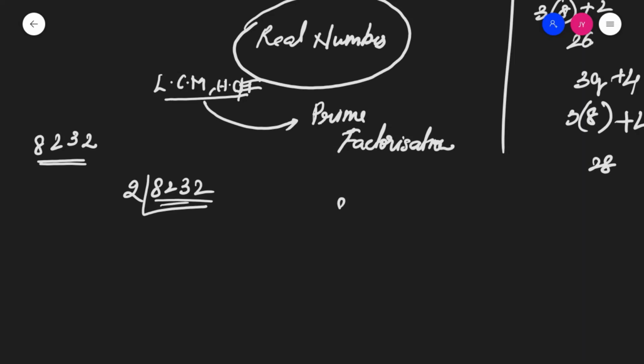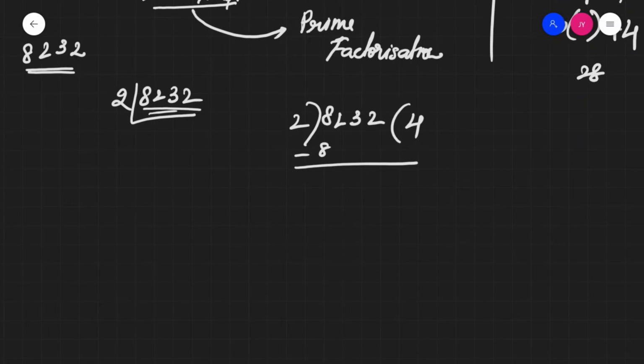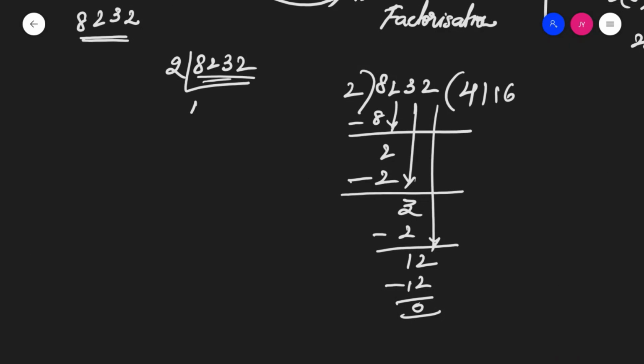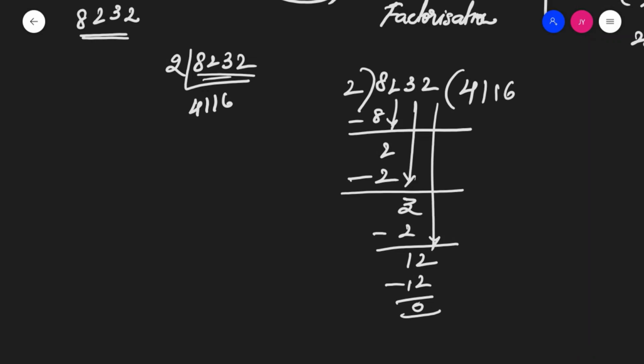So what is 8232 divided by 2? 4, 1, 1 and 6, right? So it is 4116.